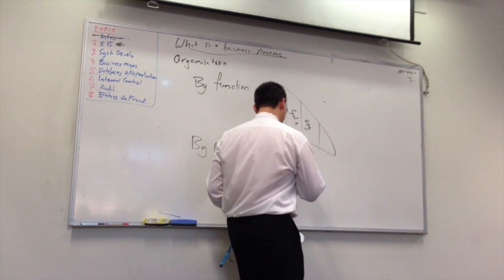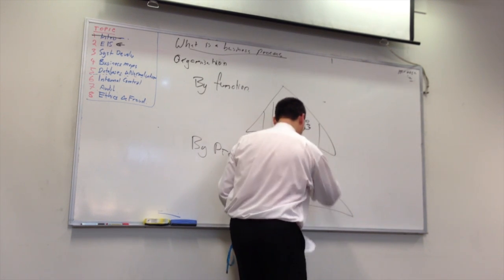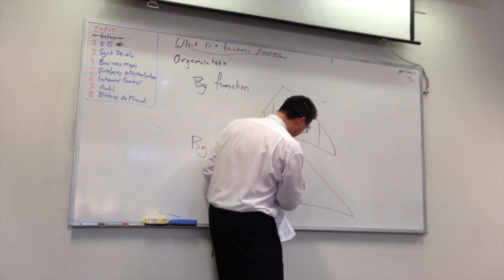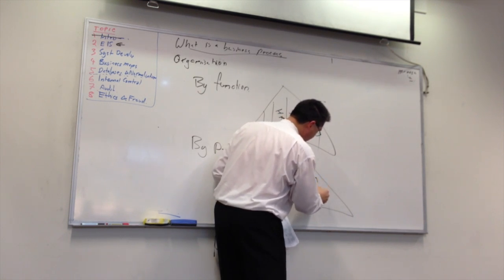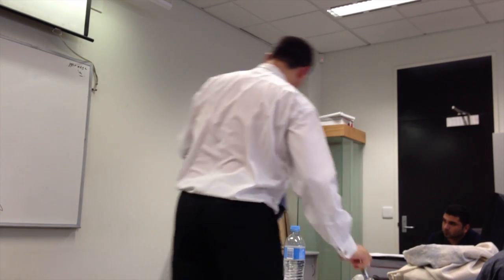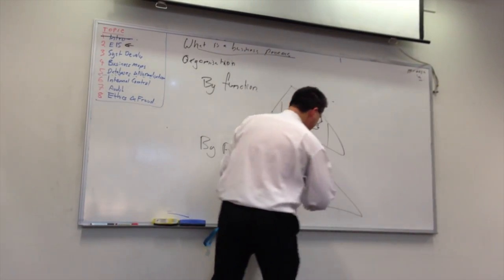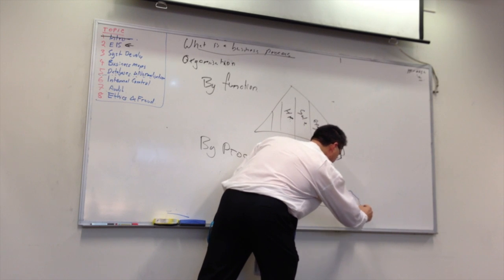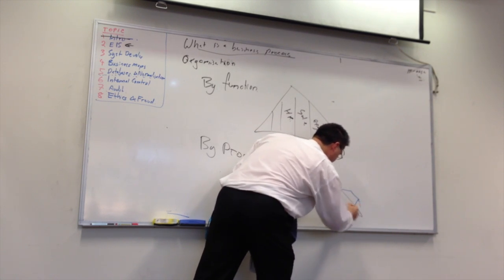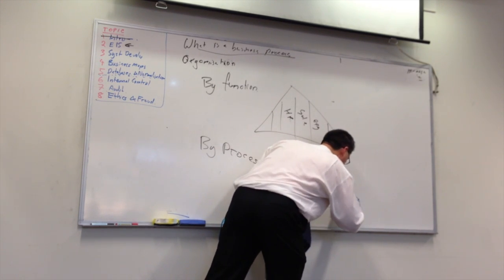Organisations that are based by process, on the other hand, they will still have sales, human resources, engineering, or something like this. However, importantly enough, the sales process will cut through it. Oops, that's very bad drawing.